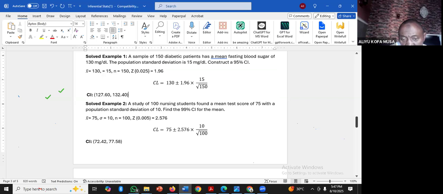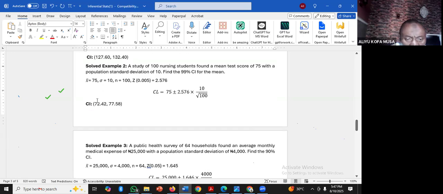Find the 99% confidence interval for the mean. So you do the same thing. At the end of your calculations, you arrive at 72.42 and then 77.58.